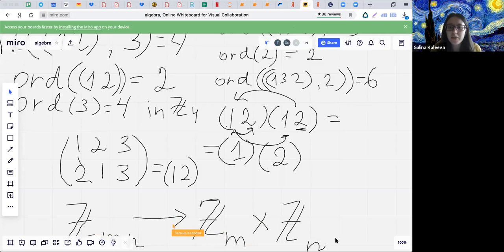Do you remember something like that? That we can take an element k here and map it into such an element, where these two k's are taken modulo m and modulo n.